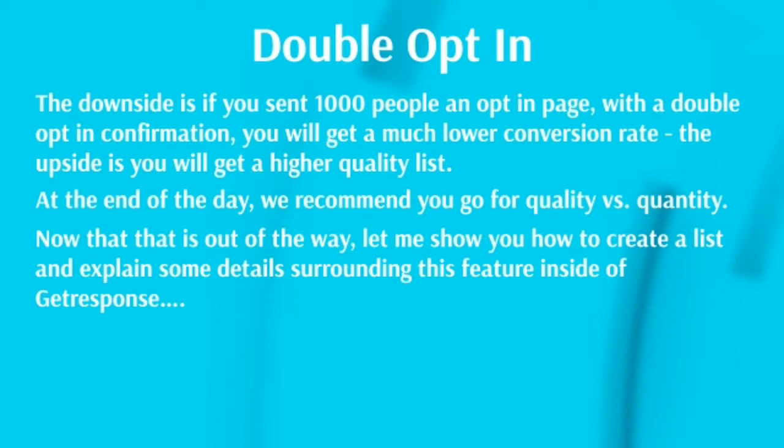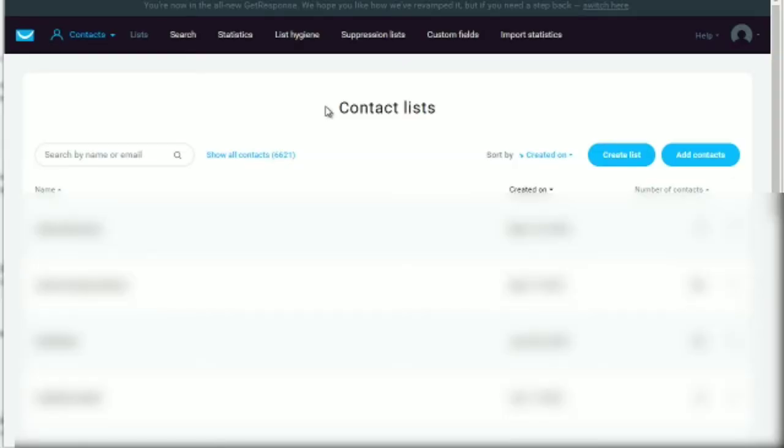So now that that is out of the way and we've talked about the fundamentals and some advanced strategies, let me show you how to create a list within GetResponse and explain some details surrounding this feature. Okay, so as far as creating a list, it's actually very easy to do once you understand how everything is laid out.